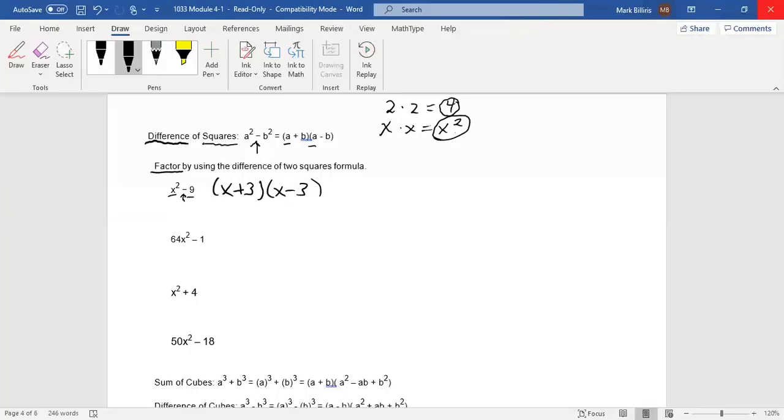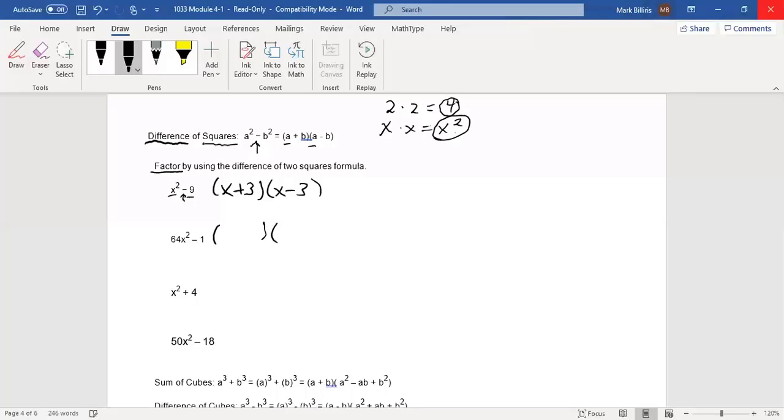So the next problem, 64x squared minus 1. What we're going to look for first is to see if anything divides evenly into 64x squared and minus 1. Nothing does. So now we see a subtraction problem, so that meets the criteria of being the difference. 64 is a perfect square as well as x squared, and 1 is a perfect square because we can get that by multiplying 1 times 1.